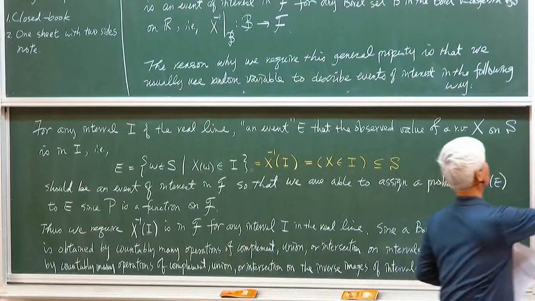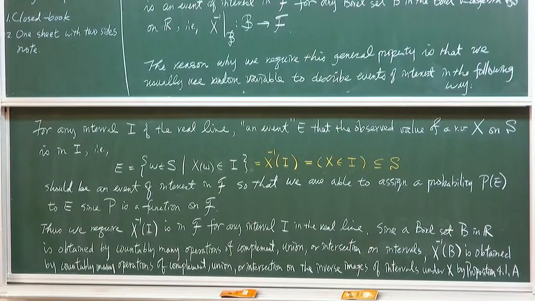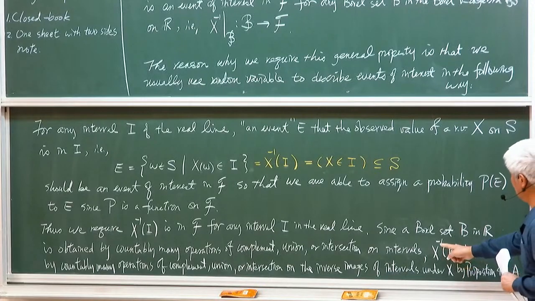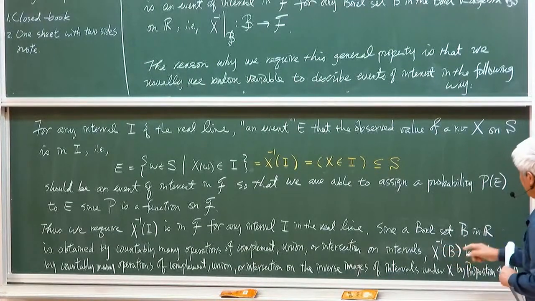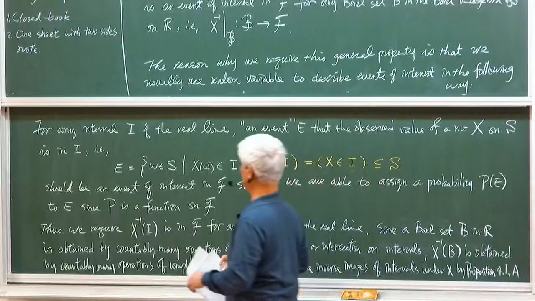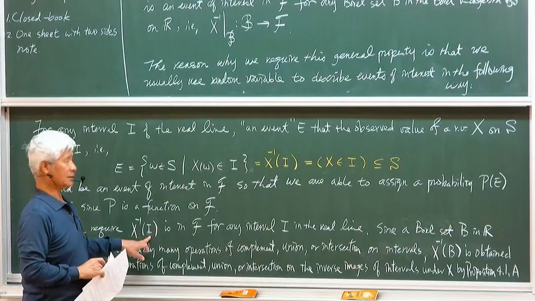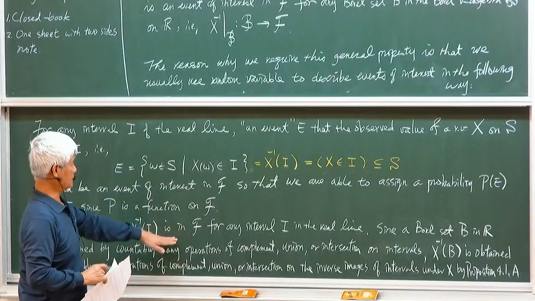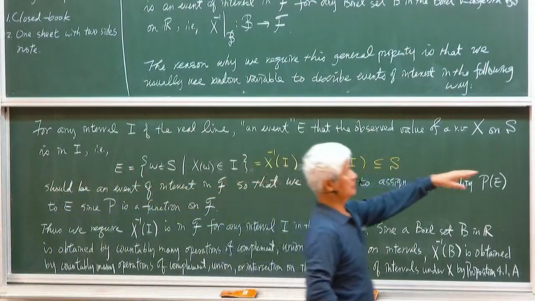And so the inverse image of the Borel set B, which is obtained in this way, is a member in the sigma algebra F, because every inverse image of an interval is in F, by requirement.